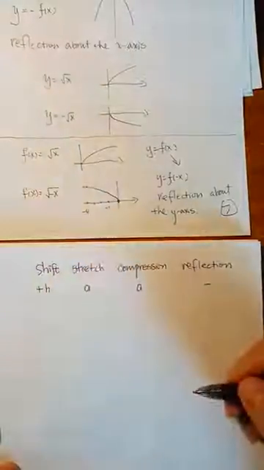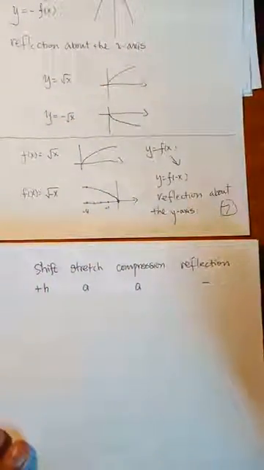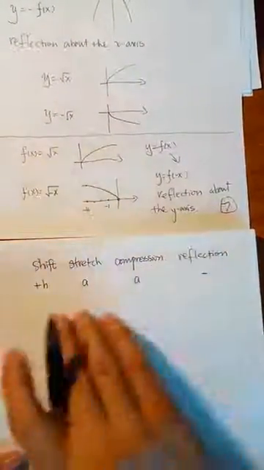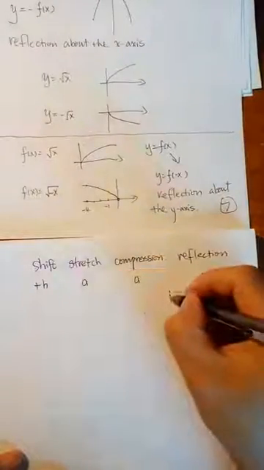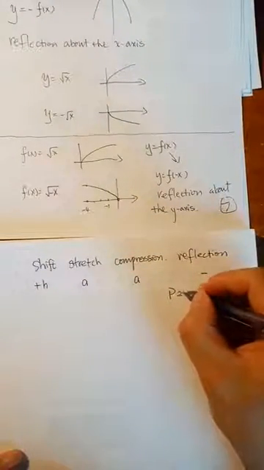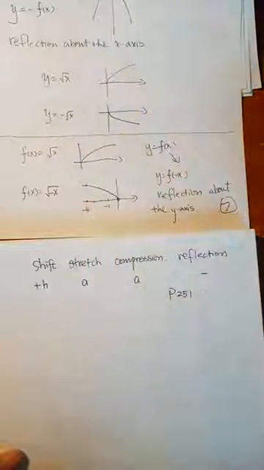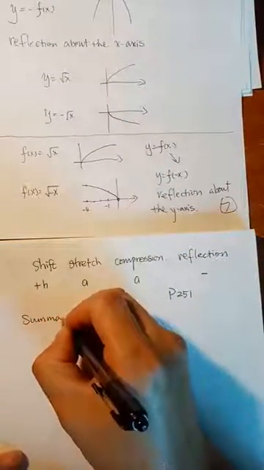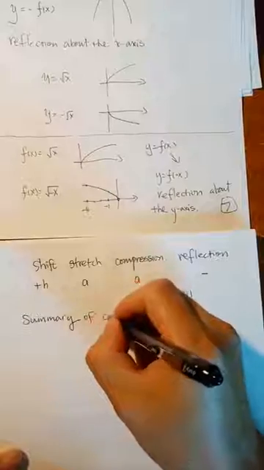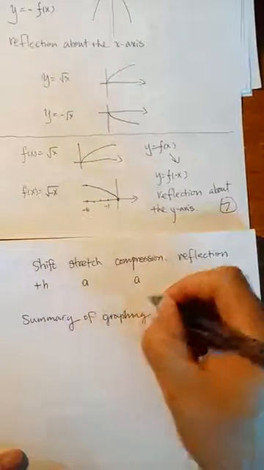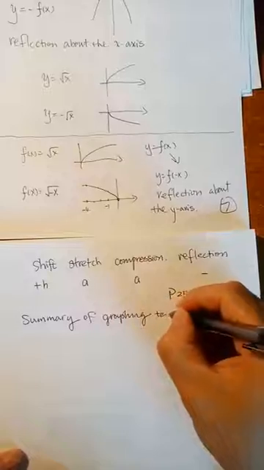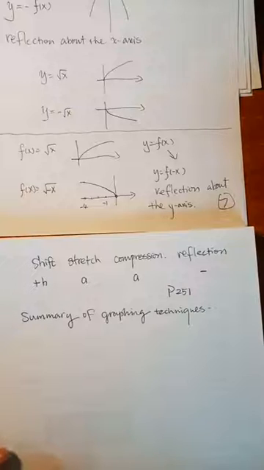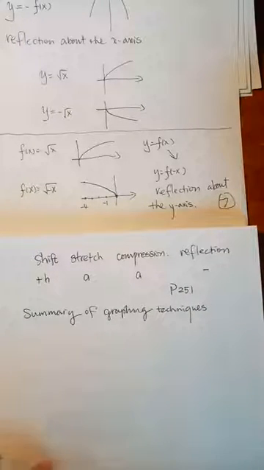Shift is with a plus h, either to x or to f(x). Okay, so they are the 4 techniques, and these techniques are classified on page 251. What is the name of it? It's called the summary of graphing techniques. So you have to be prepared for this table. This table is very, very important.